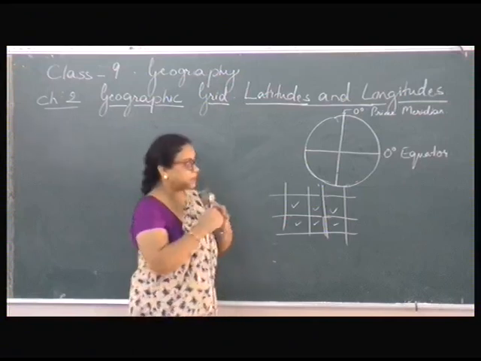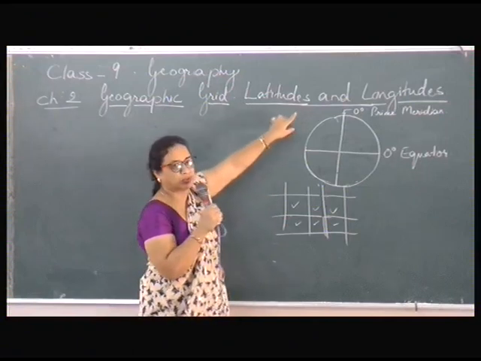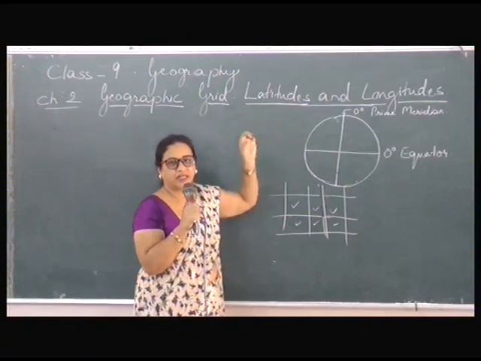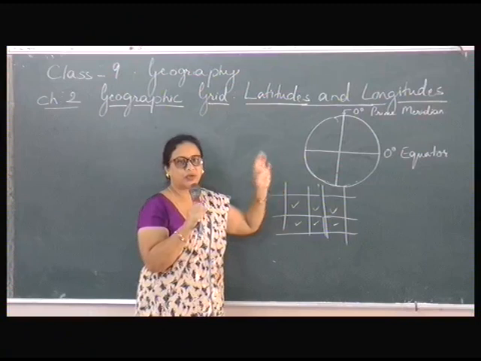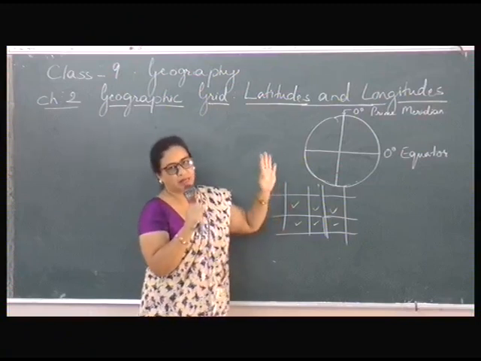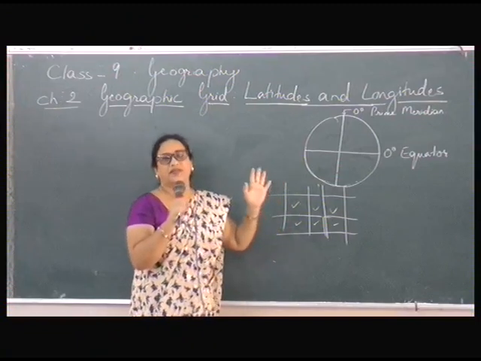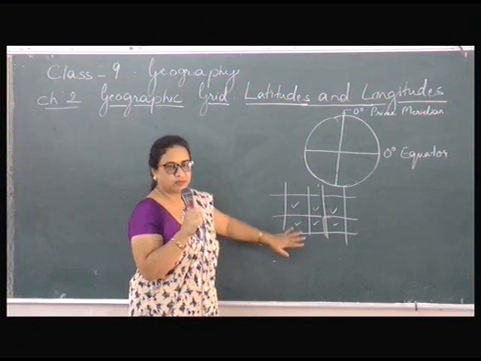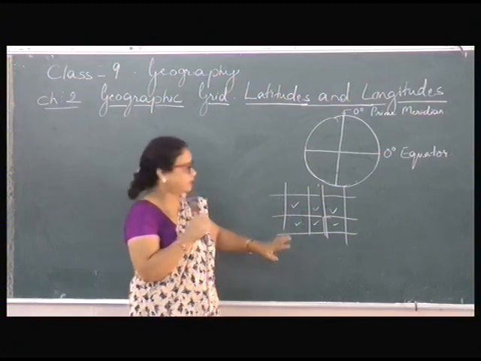And if you remember, the purpose of both these imaginary lines is to accurately locate a place on the map, whether it is a world map, a map of a particular continent, or a map of India. So this is your primary thing that you need to remember.